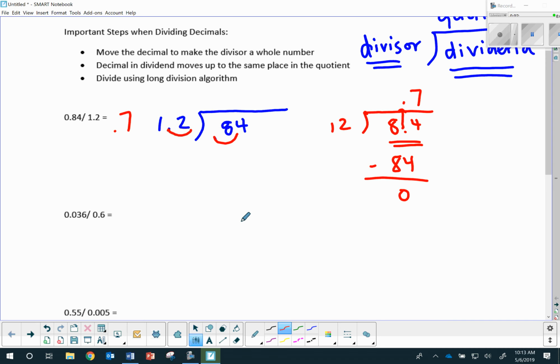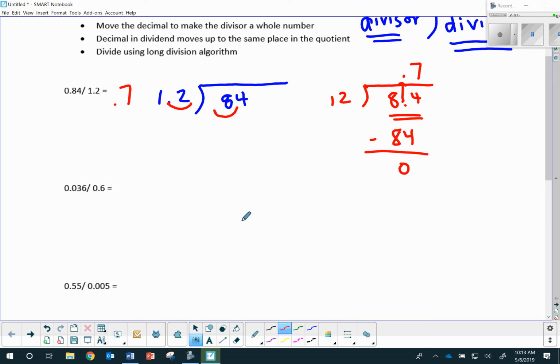All right, let's go ahead and look at number 2. We've got 0.036 divided by 0.6. Again, I'm going to move my decimal over one place in my divisor, so I need to do the same thing in my dividend. Then I move it straight up. So now I'm thinking, will 6 go into 0? It goes 0 times. Will it go into 3?